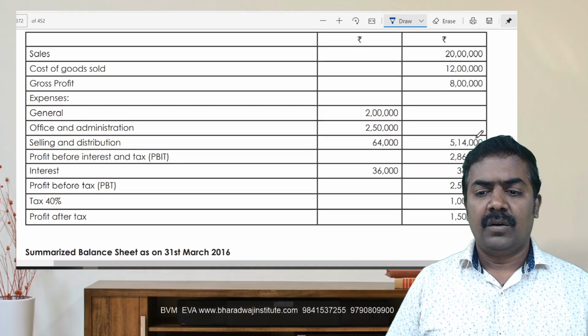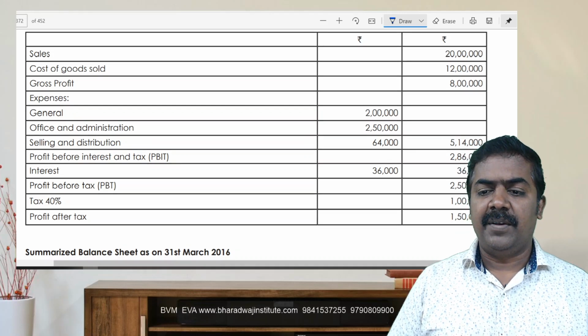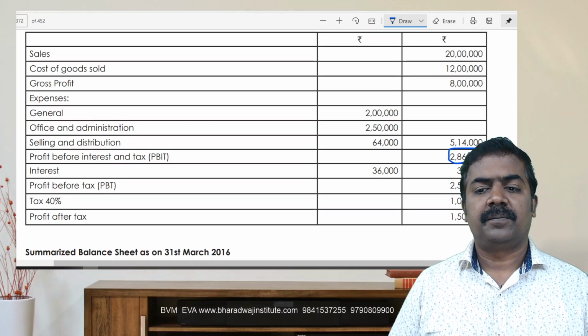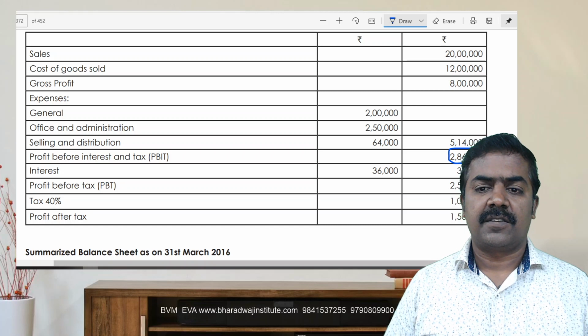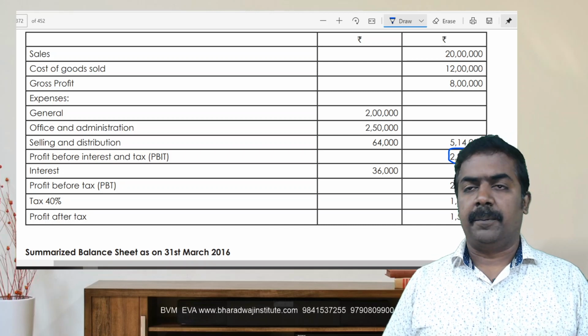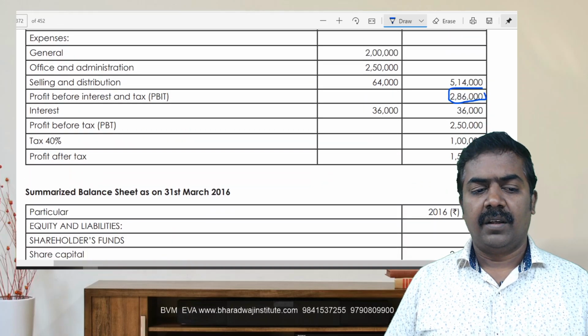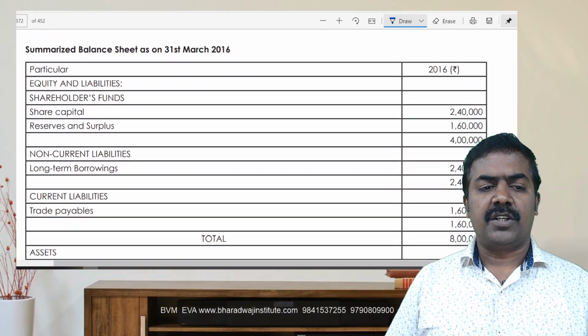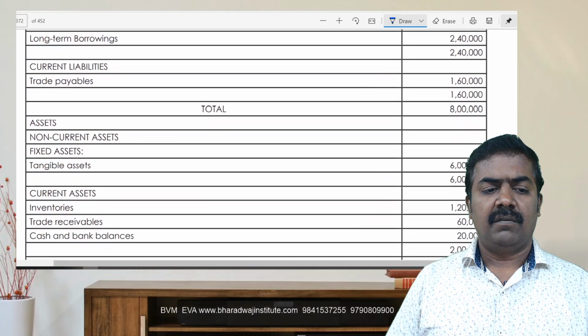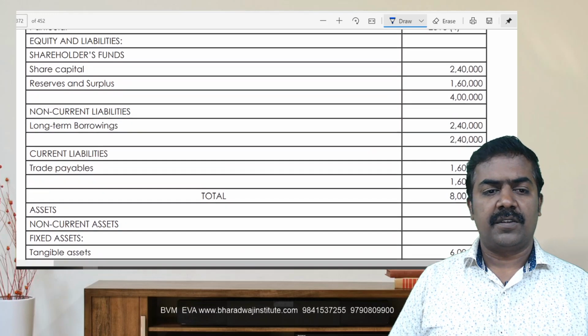For us, we will take EBIT, the operating profit before tax, minus tax. EBIT minus tax will give us NOPAT. Then we are given shareholders' funds, fixed assets, current assets, all those things.